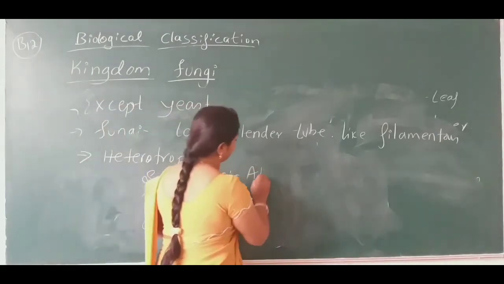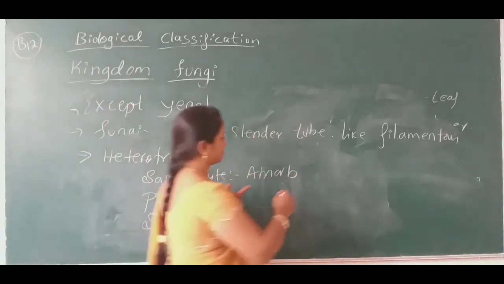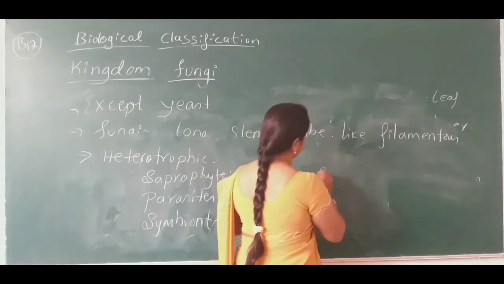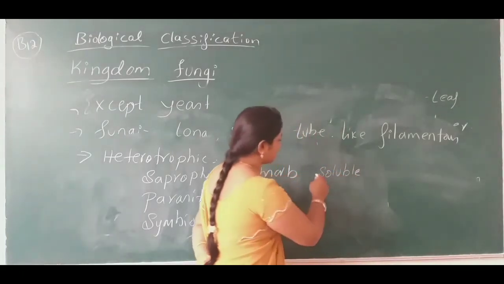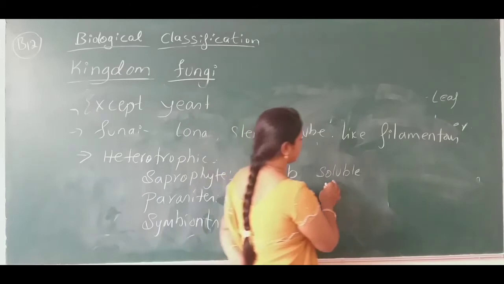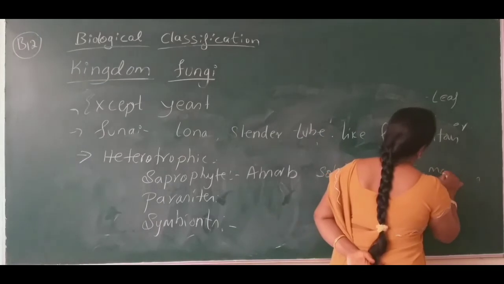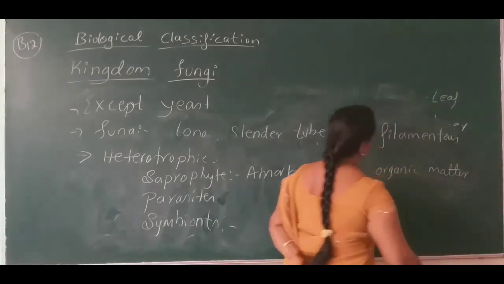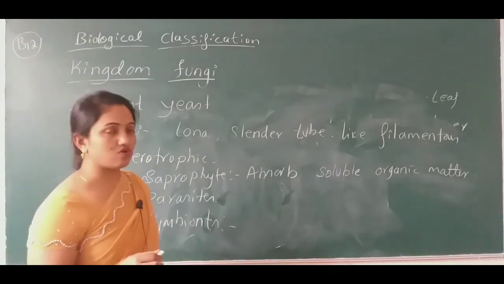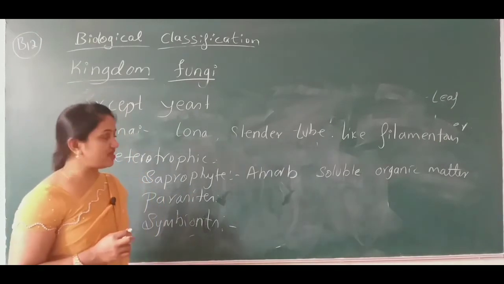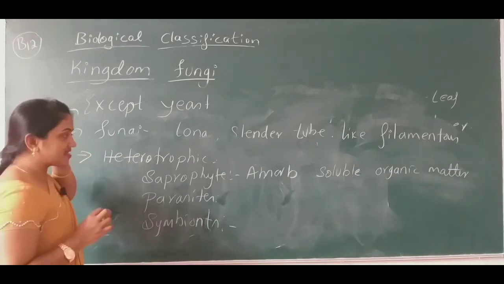They absorb their food as soluble organic matter from the plants or animals. Those kinds of fungi are known as saprophytic fungi, or they can be classified as saprophytes.